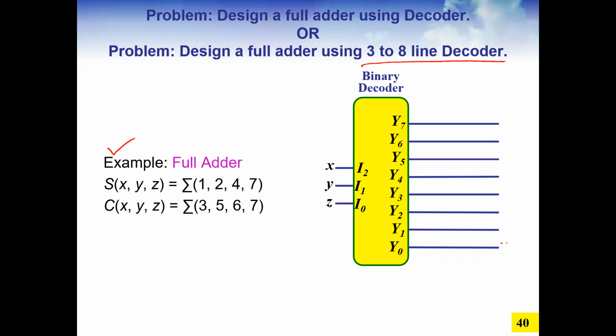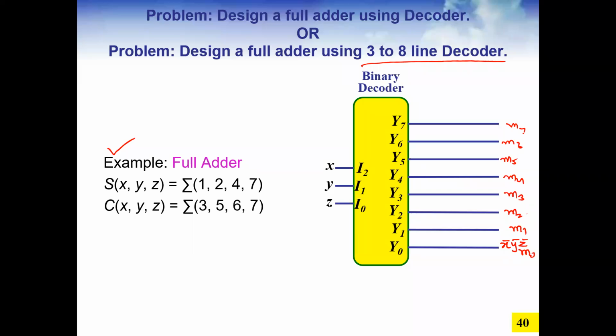So it will represent x complement, y complement, z complement, which is m0, minterm 0. This is minterm 1, minterm 2, minterm 3, minterm 4, minterm 5, minterm 6, minterm 7. Are you getting my point?